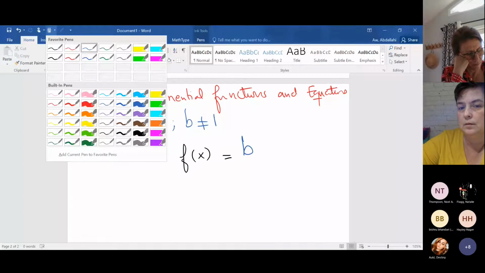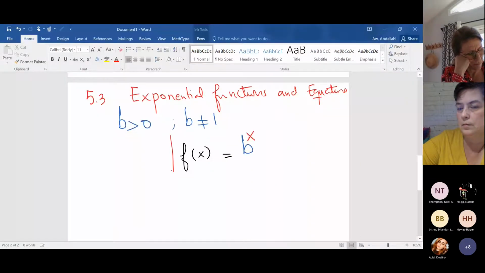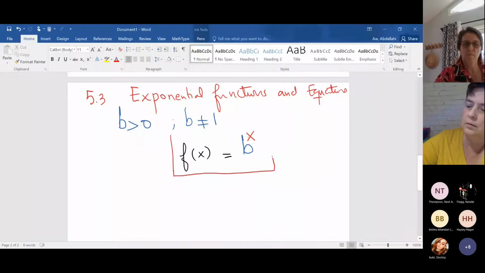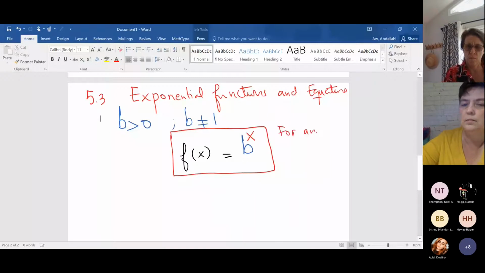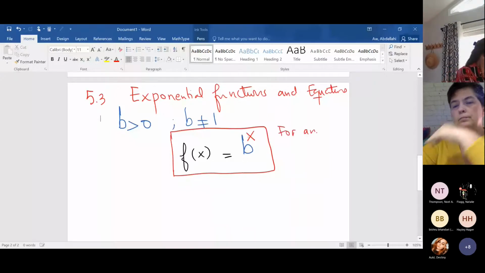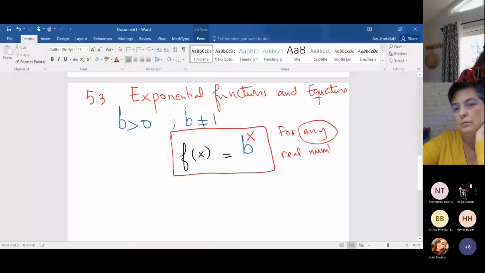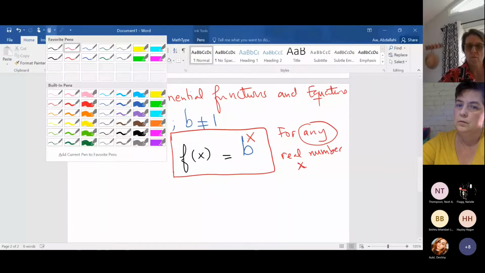right? That function right here, for any real number x, is called an exponential function base b.